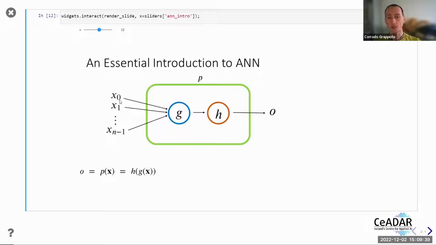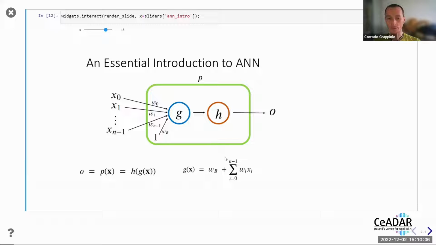G is in charge of, in a way, compressing the input vector into one single value. Usually there is an additional feature to g, called the bias, which has value 1. And the combination comes through a weighted sum of these inputs.